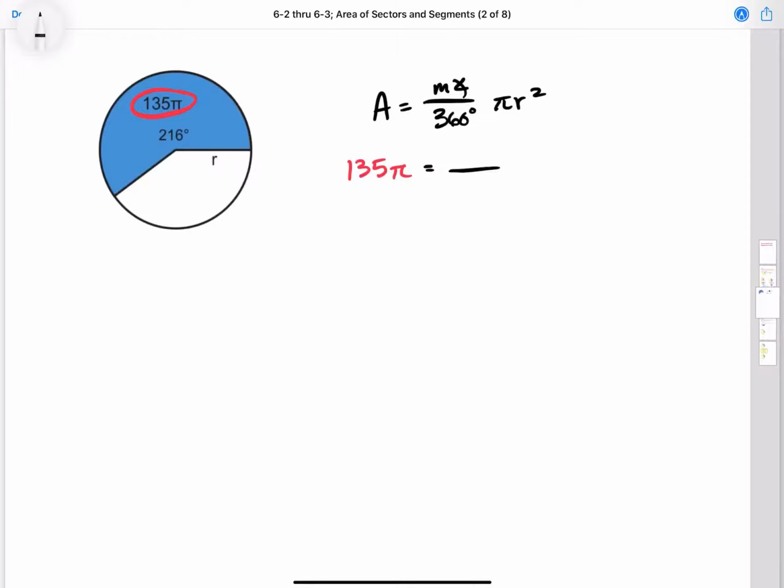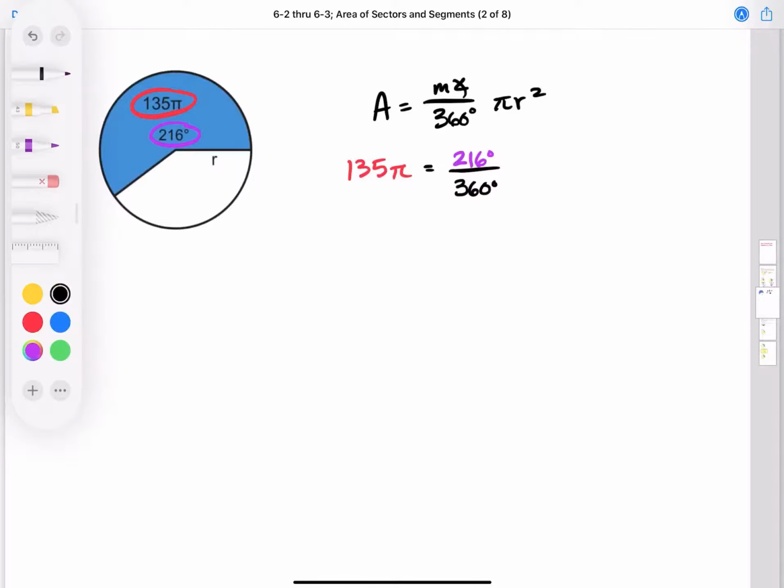Now I'm going to go ahead and put in our 360 degrees, and they gave us a major angle or a major arc here, which is going to be 216 degrees. So we're looking at the area of a major sector. So 216 degrees. Remember, major means greater than 180 degrees. And then we have our pi and then our r squared.